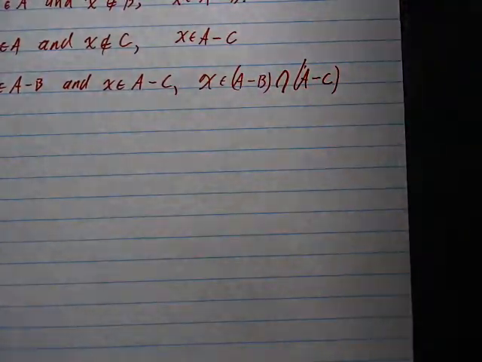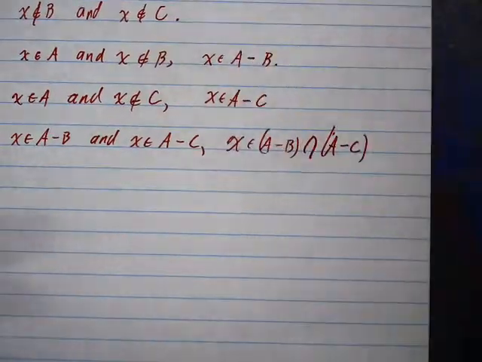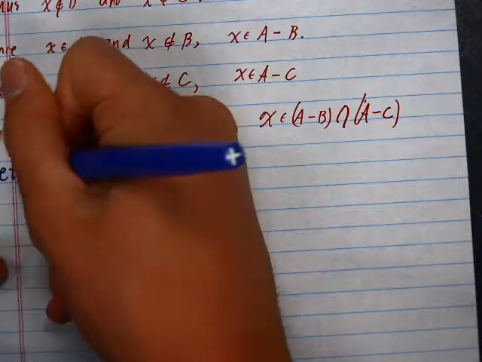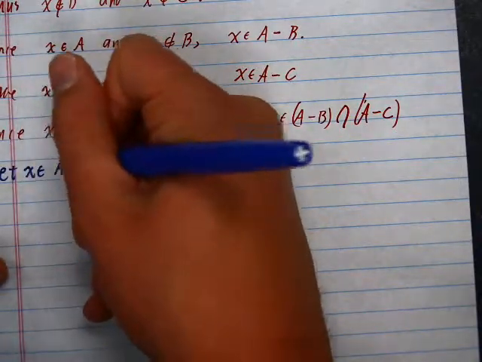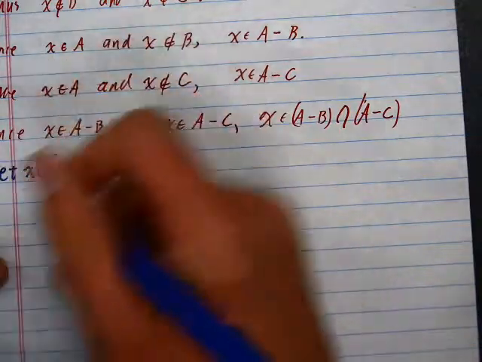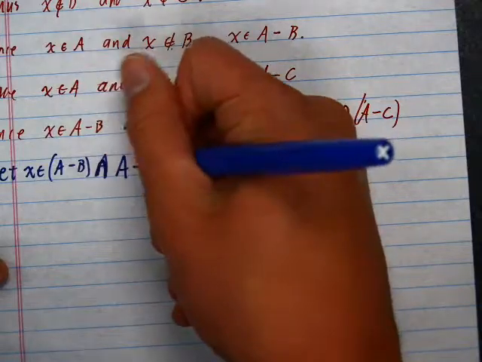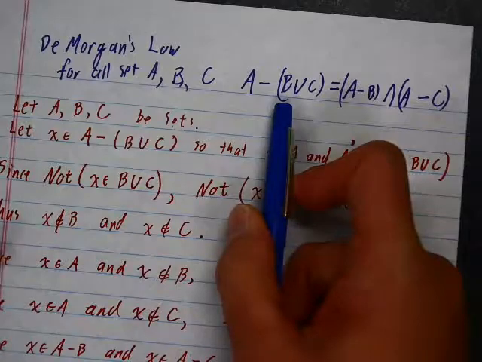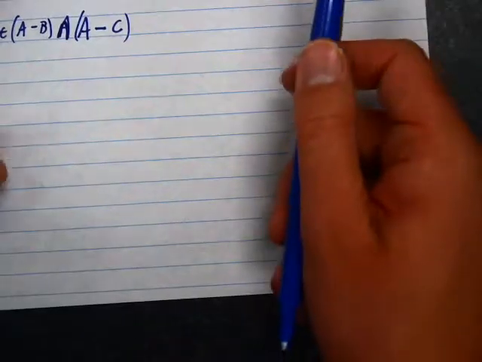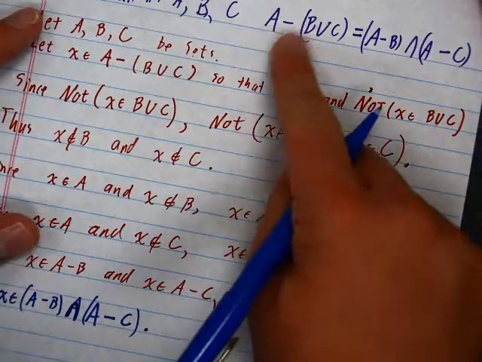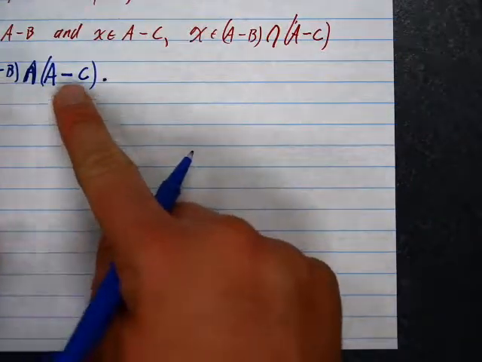So, one last thing, I guess we have to do the opposite direction. Conversely, let's let x be in A minus B intersect A minus C. And let's try to prove that x is in A set minus B union C. So let's try to do that.